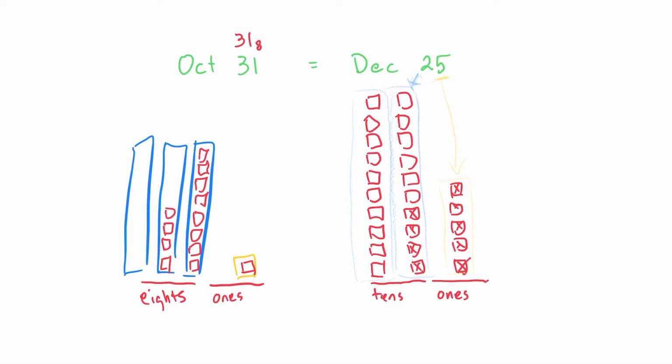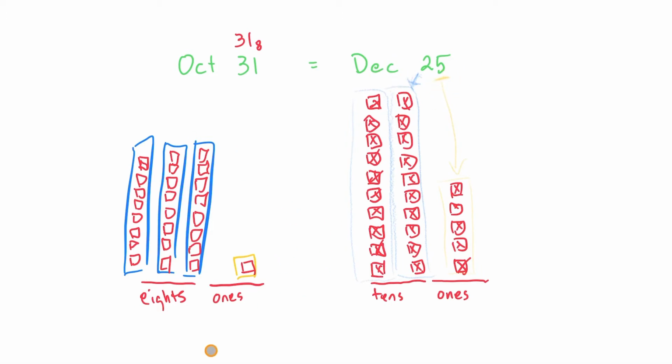So 3, 4, 5, 6, 7, 8. If you already see it, you can see that we have 8 more left. So 3-1 base 8 is the same number that we represent in our decimal system as 25.